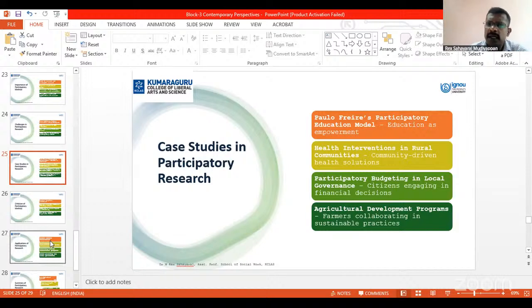You see here, the participatory education model. As I said in the previous class, when I was discussing the comparative study, in Kerala they have a participatory education model where the various stakeholders of education form a committee in each school: parents, students, principal, educator, panchayat leader, and everything.